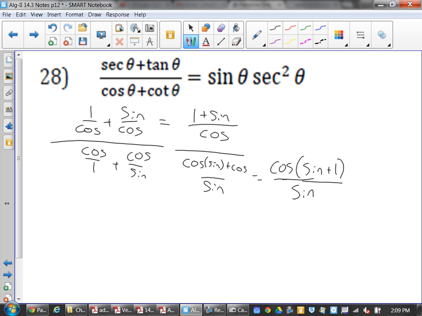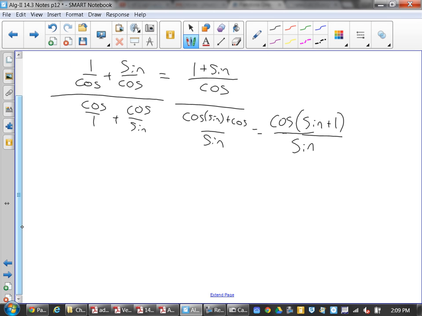Now I'm just going to go ahead and rewrite it as 1 plus sine over cosine times the reciprocal of what we just did. Everybody okay with me doing that? We understand why I'm doing that?